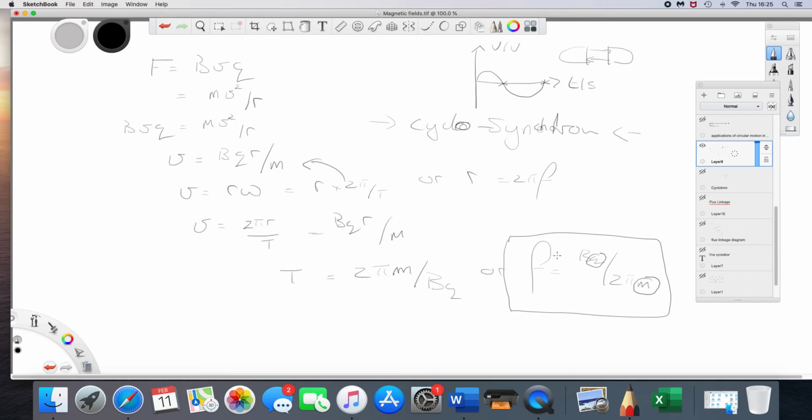If you think about the kinetic energy of your proton being a half mv squared, if you work out your kinetic energy in joules, take your 10 MeV, work that out in joules, stick that into a half mv squared using the mass of the proton, you'll see that the velocity of the proton at that sort of energy is quite large, and as a consequence becomes relativistic beyond this, and you end up having to have your cyclosynchrotron rather than simply a cyclotron.